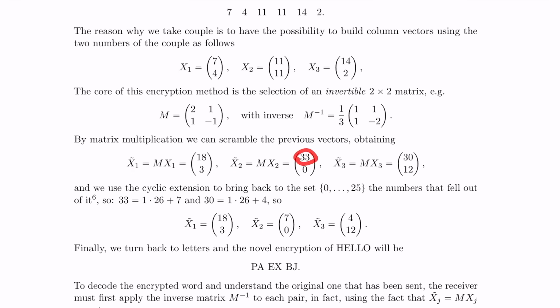As you can see here and here, through matrix multiplication, it can happen that you go outside the admissible range of integers. So what you do is to apply the cyclic extension to get these numbers back into the admissible range. So now what you have are these 3 column vectors, and you can alphabetically associate them to this word here.